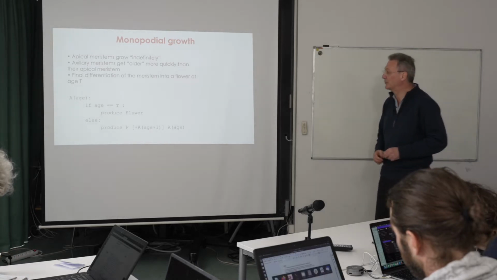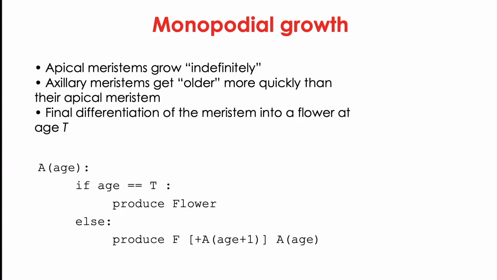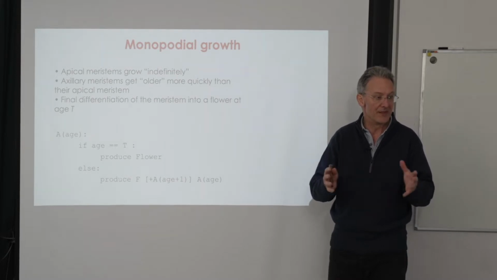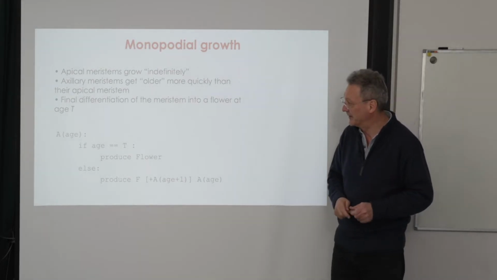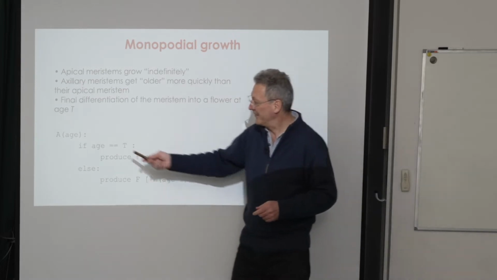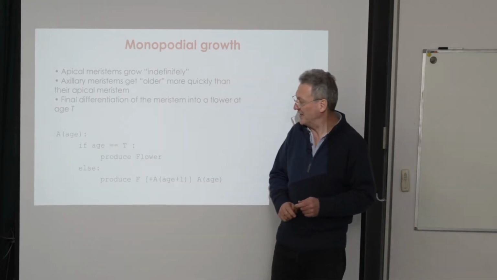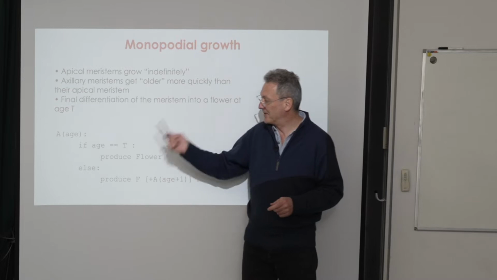So, if you want to express this in a computer language like LPI, you would write typically something like this. You don't need to write exactly these lines. It's just a sort of schema of what you would have to write. You would say, okay, I have an apex, and this apex has an age.